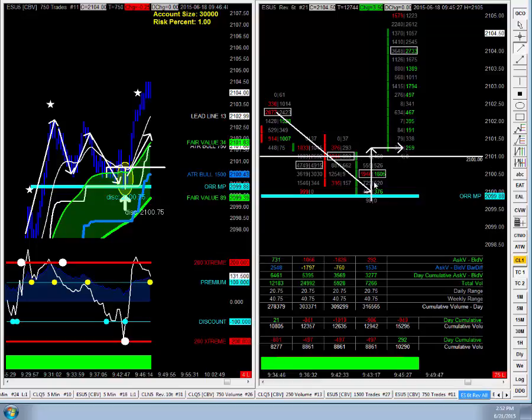But with the number bars, what you're seeing is that the sellers got absorbed. In other words, the sellers that pushed it down are very light on the sell side at the lows, and then the buyers start coming in. You can see the imbalance here, 376 versus 98, 1600 versus 700.